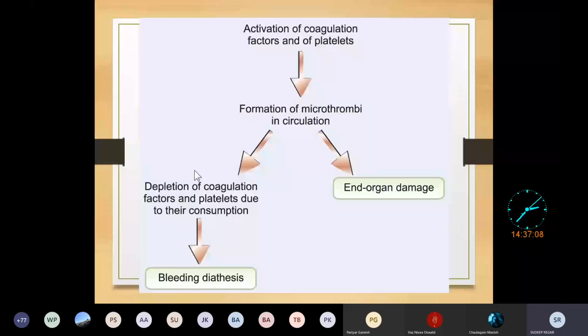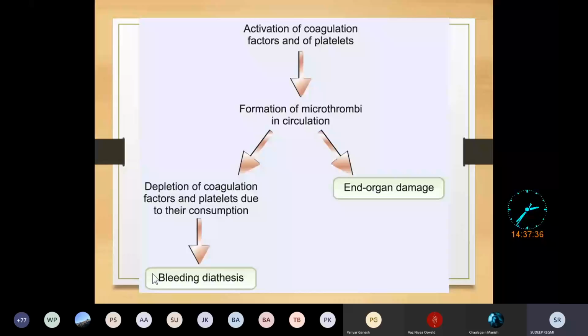So there will be bleeding diathesis, and at the same time fibrinolysis will also start. So apart from the depletion of the coagulation factors and the platelets due to consumption in the microthrombi formation, there will be activation of the fibrinolysis. So there will be bleeding diathesis.